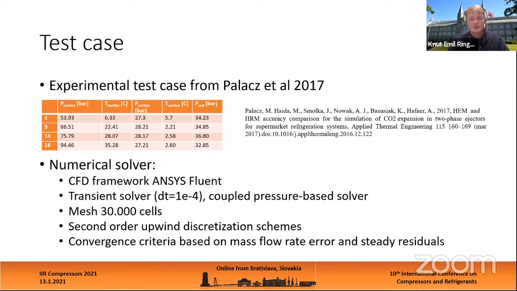For the discretization scheme, we use a second order upwind scheme. We judge whether the results are converged based on the lack of mass conservation, or the mass flow rate error, and also steady residuals over a period of time.